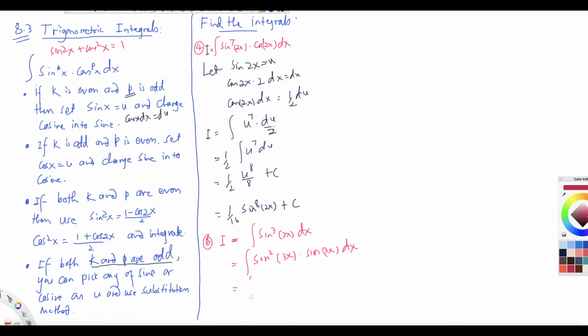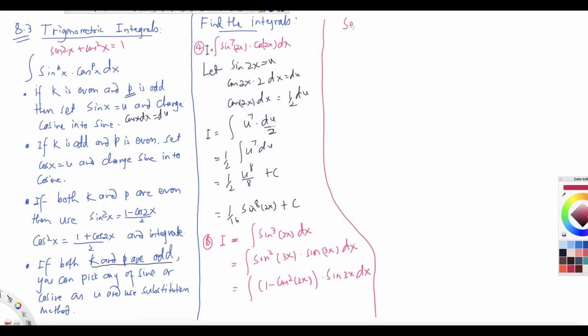Okay, so it will be 1 minus cosine squared 3x times sine 3x dx. You see that there is a product of cosine and sine, and cosine has the even exponent, so that should be u. Okay, so let us continue from there.